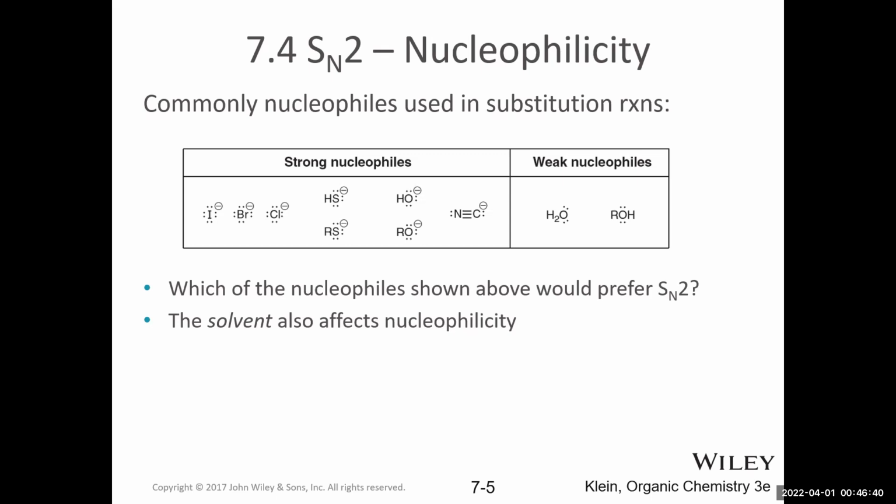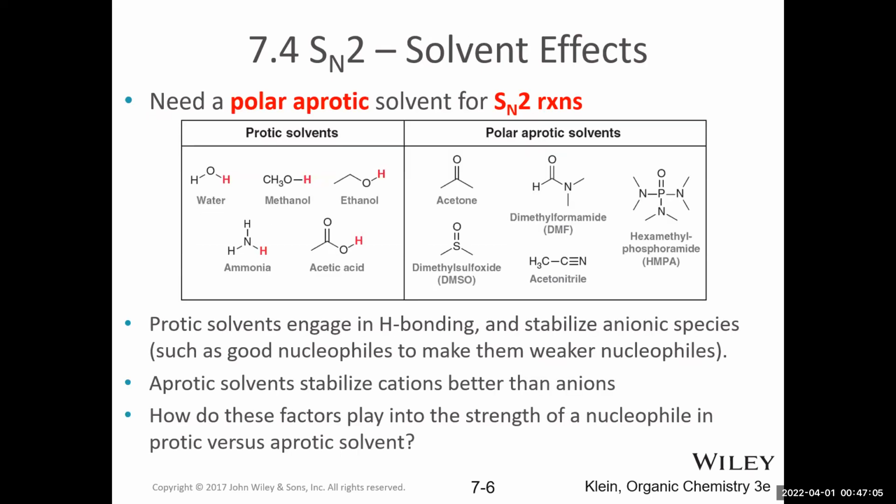And nucleophile strength can actually change in different solvents. So in one case, you might see that fluoride is a better nucleophile than chloride in a certain solvent. But if you change the solvent, then it could be chloride is a better nucleophile than fluoride. You can see that the solvent is going to play a large role as well. And we're going to talk about the solvent right now.